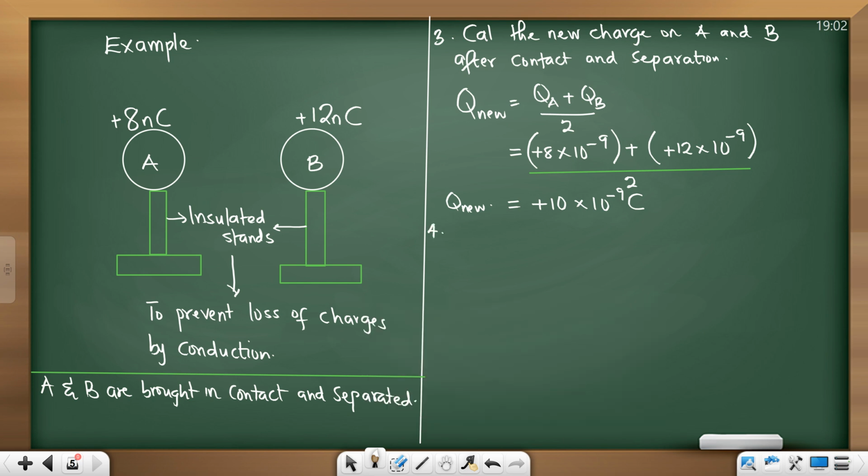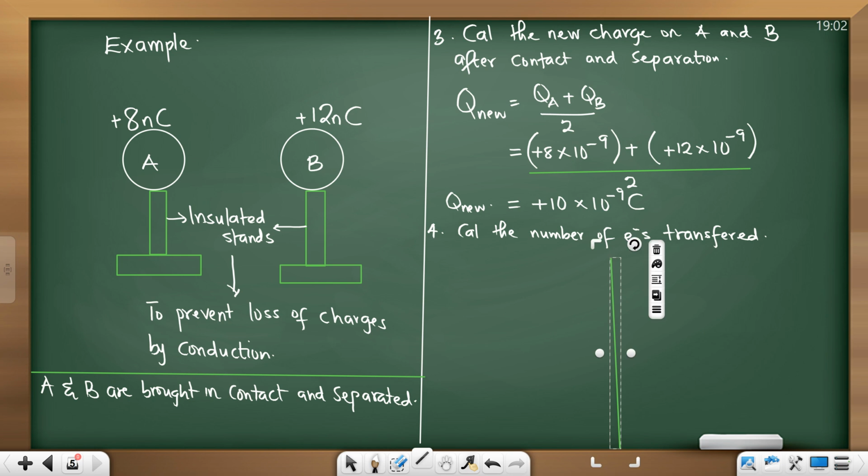And my fourth question would be, calculate the number of electrons transferred. And for the purpose of proving our number 2 question, we are going to do it in both ways.